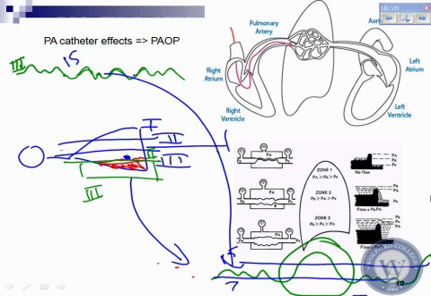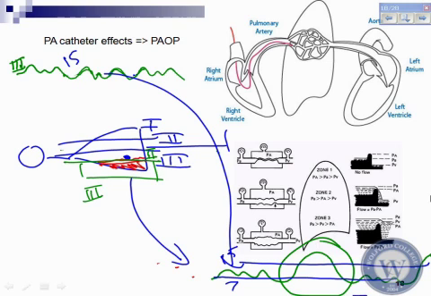That's correct. That's where you'll usually find it when you do chest x-rays. When you look at a chest x-ray, the PA catheter will look like it's right here, which gives you the idea that it's in the middle of the chest. That's because the person was lying down. But on a lateral shot, the PA catheter is actually sitting almost posteriorly, because it's going to the zone 3 area.